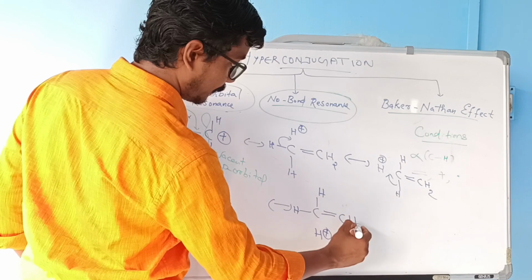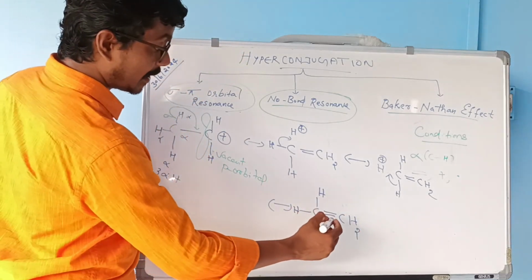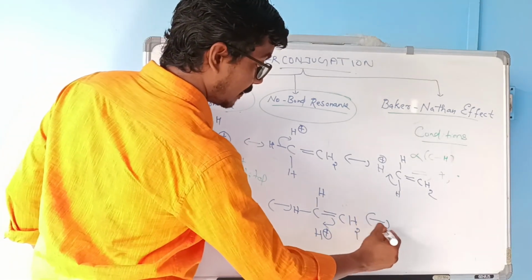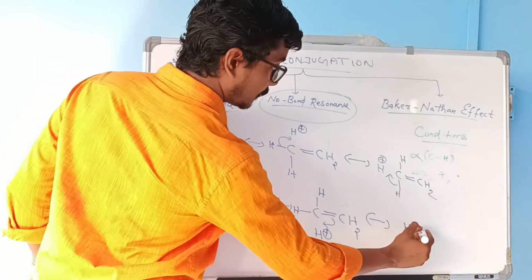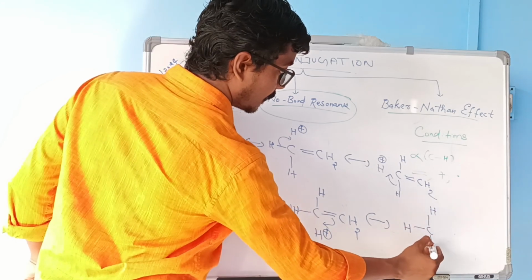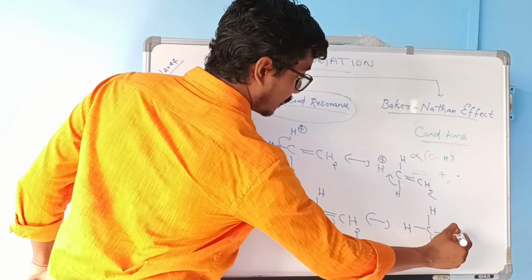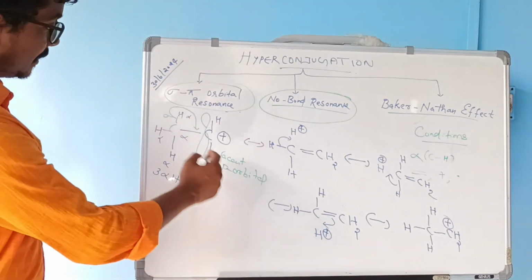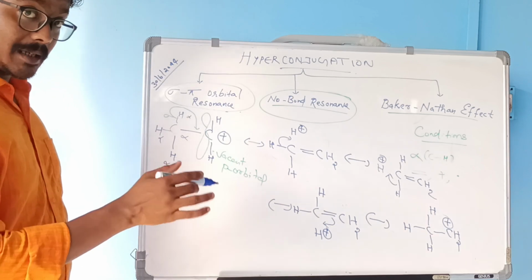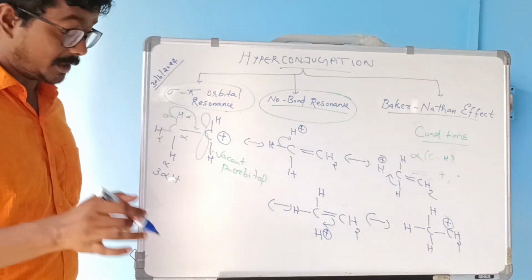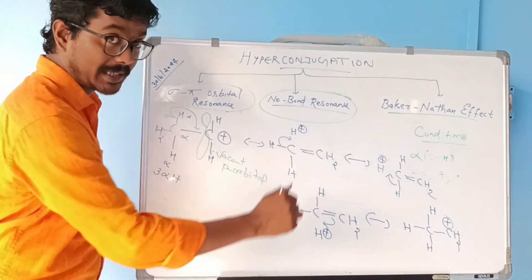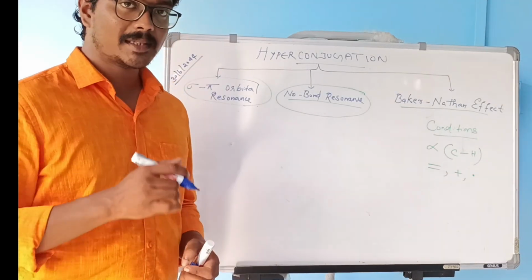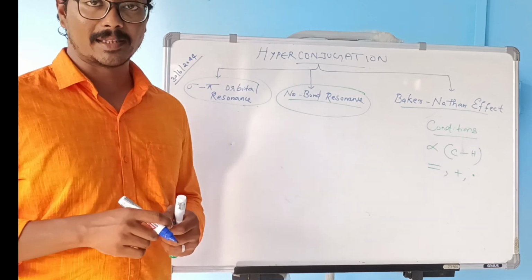Okay, and finally this double bond will come here, resulting in okay. So when we consider a carbocation where hyperconjugation is possible, these are the canonical structures and these are the hyperconjugative structures of a carbocation. Now we discuss the hyperconjugation in free radical cases.